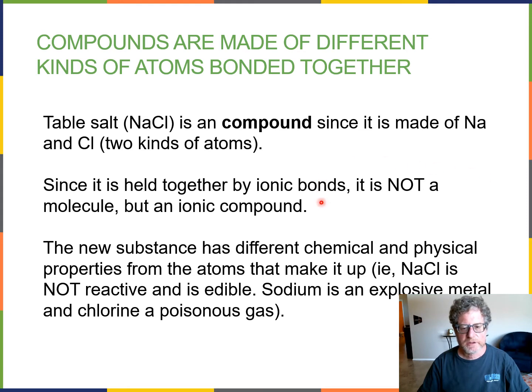Okay, so table salt is held together by the charges between the sodium and the chloride ions. It's not held together by covalent bonds, but by ionic bonds. So you have an ionic compound, not a molecule. And the new substance has different chemical and physical properties from the atoms that make it up.